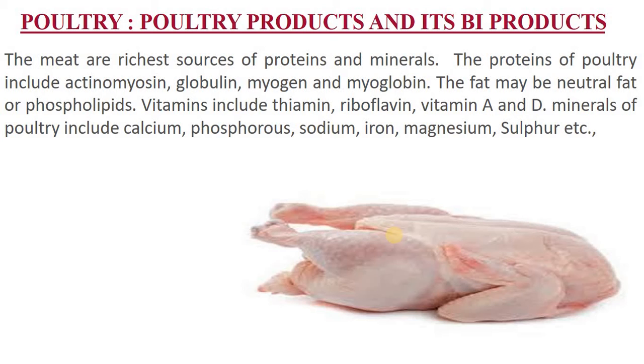So these heart patients prefer the meat of the chicken rather than the meat of the lambs. The sheep have high fat content, but the fat content in the birds is less. Therefore, this meat is an excellent source of proteins, fats, vitamins and minerals.